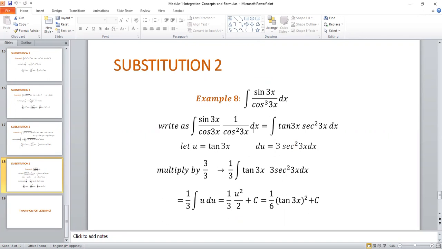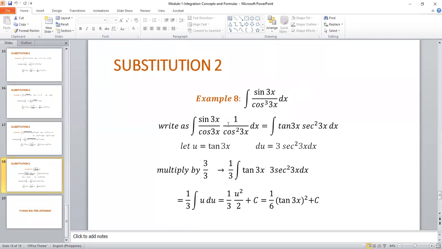If you will consider your cosine cube of 3x as your main function and it's raised to -3 because it has here 3 as the exponent, its derivative is negative sine 3x times 3 dx. That would be the case.